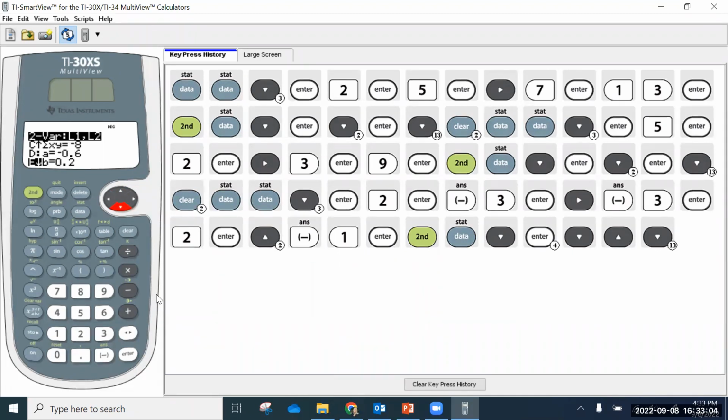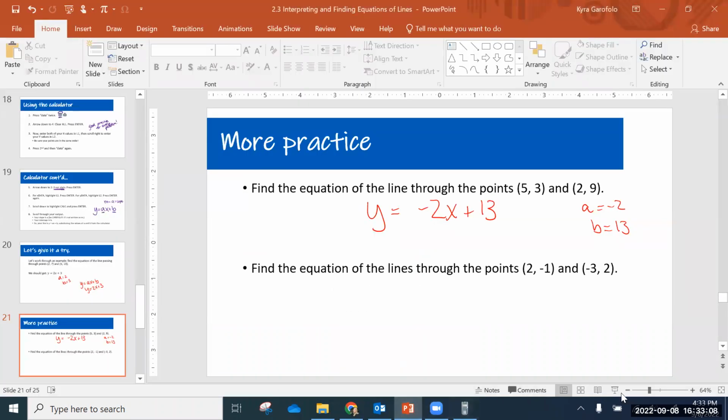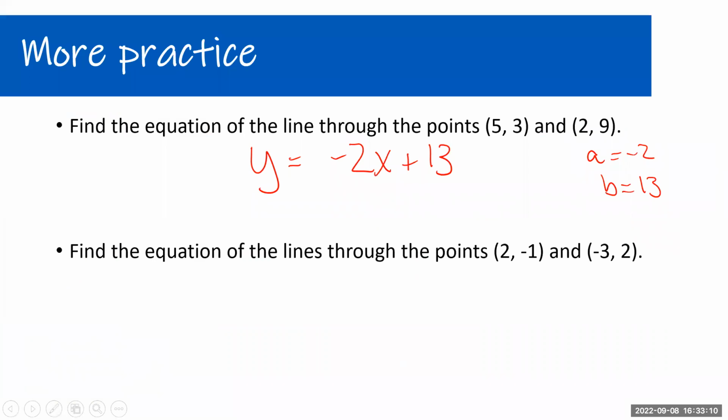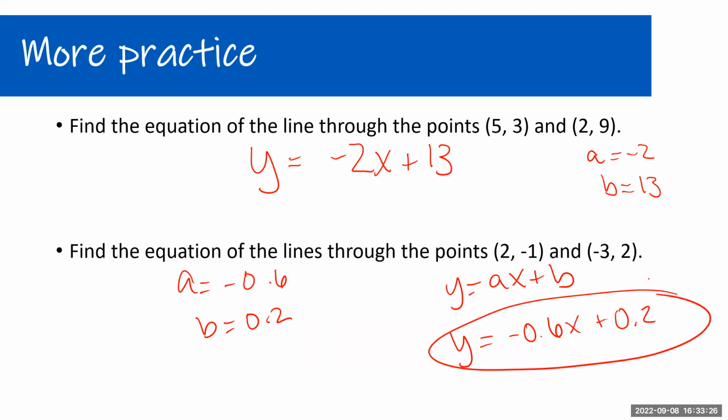Okay, so we can write this equation just like before. A is negative 0.6, B is 0.2. So y equals ax plus b is going to turn us into y equals negative 0.6x plus 0.2. And that is our answer.